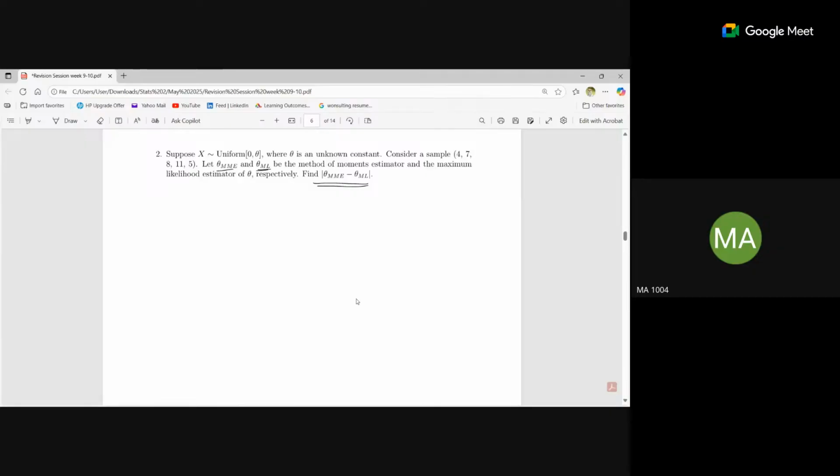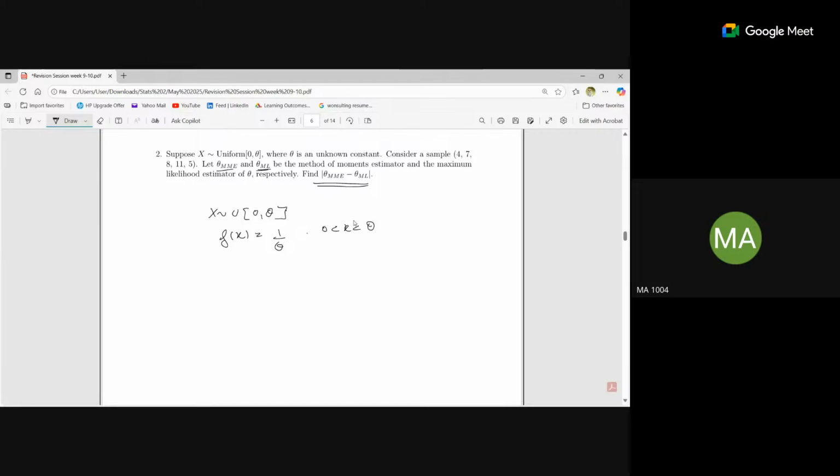Okay, fine. So here X is following a uniform distribution, which is 0 to theta. That means my PDF would be 1 by theta, where my values of X go from 0 to theta, correct?